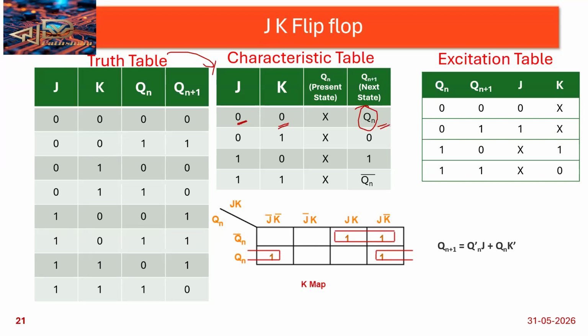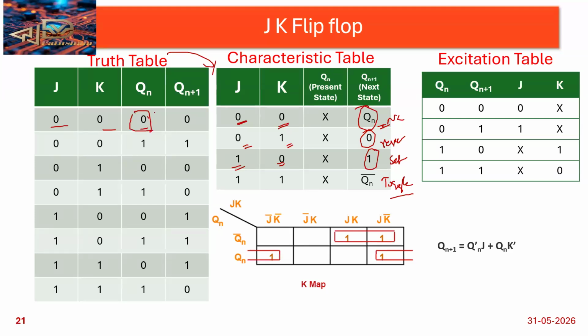And 0 1 case, whatever the output, that is 0 only. And then 1 0 case, this is set condition, this is reset condition, this is no change condition, this is toggle condition.